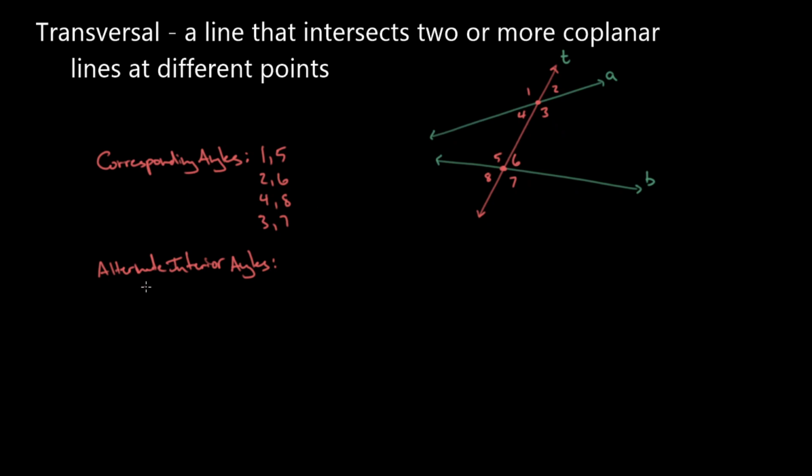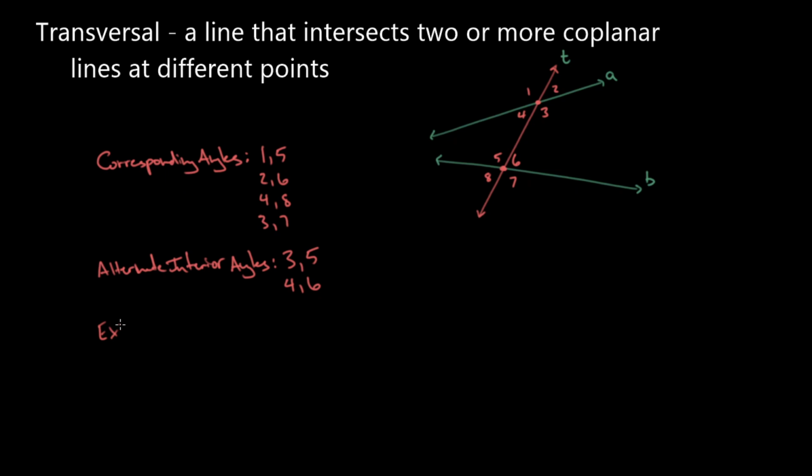But they're on alternate sides of my transversal, so they're on opposite sides of my transversal. For example, 3 and 5 are on the interior of A and B, but on opposite sides of the transversal, so they are alternate interior angles. And then 4 and 6 are on the interior of A and B, but on opposite sides of my transversal, so they are another pair of alternate interior angles.